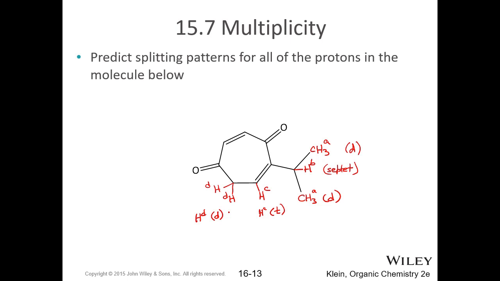And then we have the two vinylic hydrogens, call them E and F. Both of these will be doublets. They will split each other. But they're far enough away that they're not split by D. Remember, we're limited to basically a 1, 2, 3 bond. Here we've got something else in between.